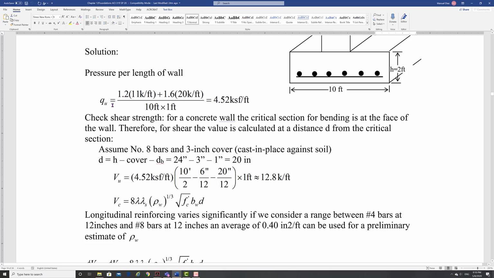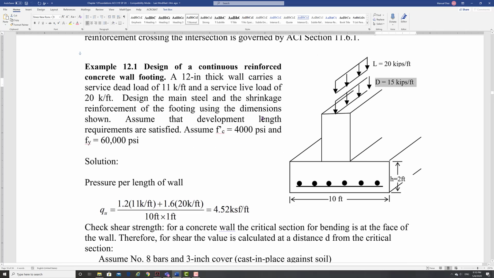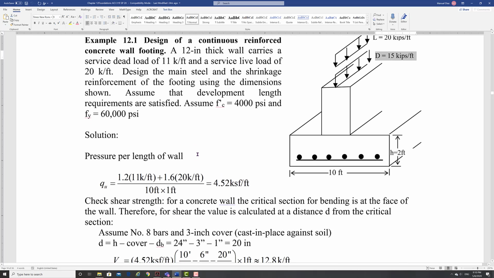We find our load. Since I gave you already the dimensions, it was nice here. I gave you this 10, and there's a 2 already, so that became pretty easy.